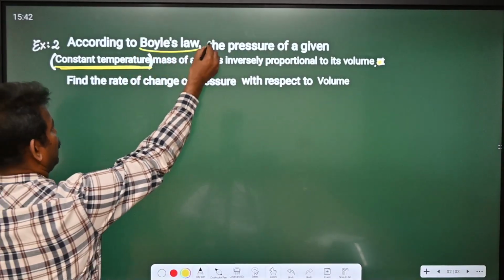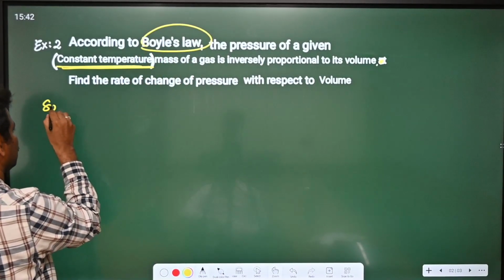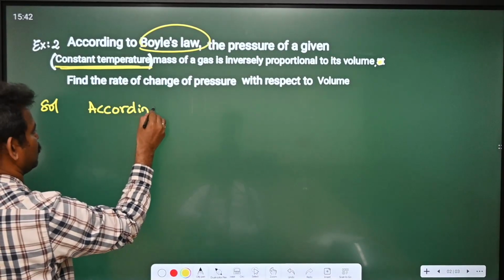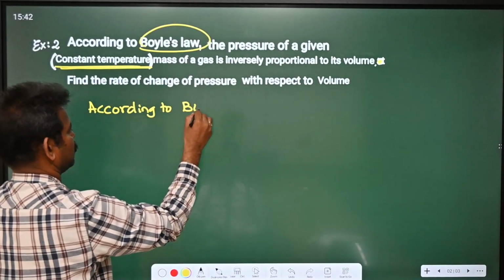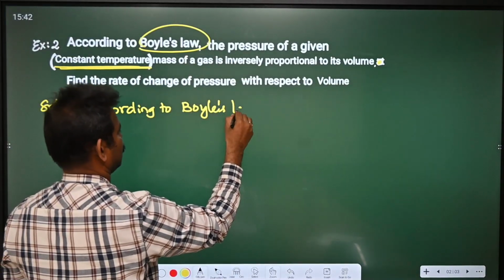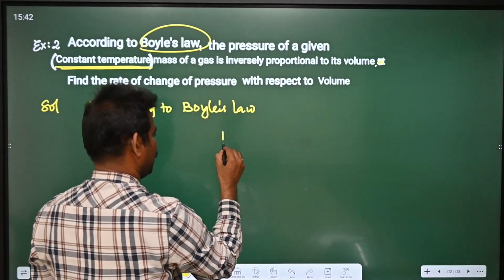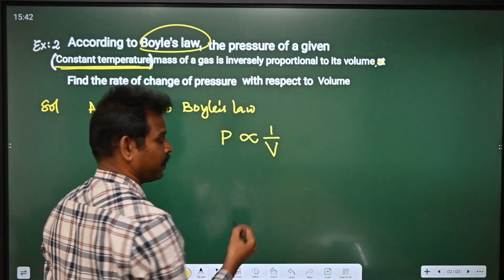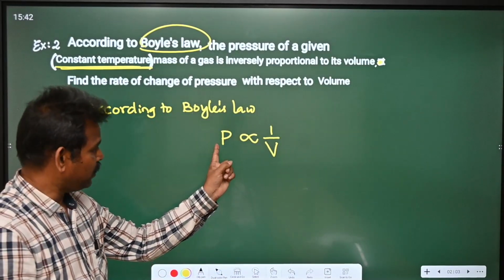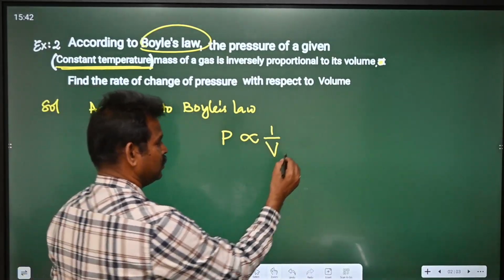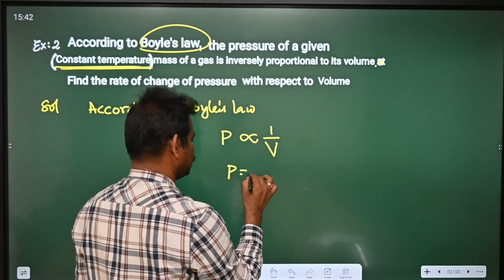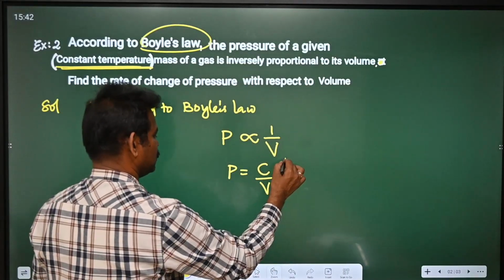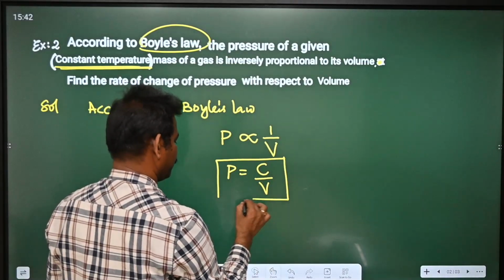Students, according to Boyle's law, the pressure of a gas is inversely proportional to its volume. Pressure denoted with the letter P and volume denoted with the letter V. So this can be written as pressure is equal to constant C by V. So this is our relation between P and V.